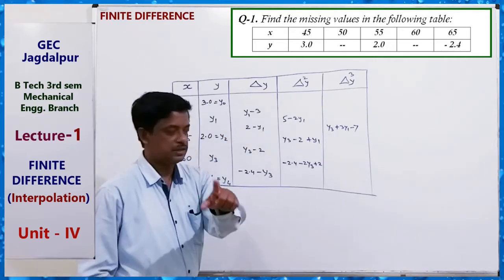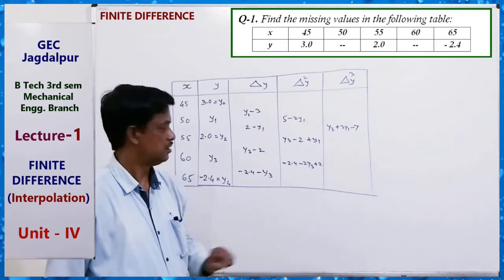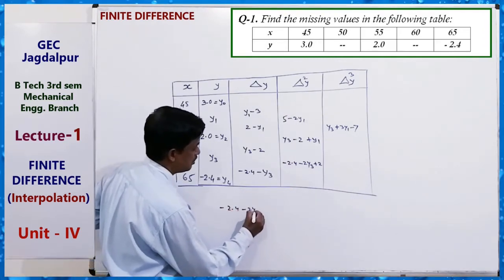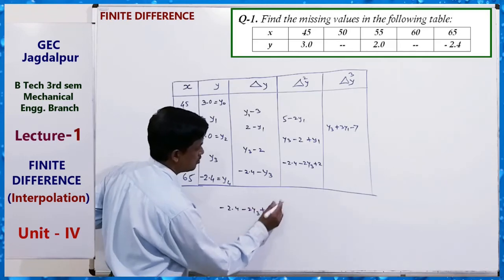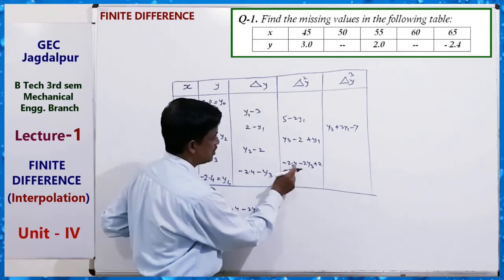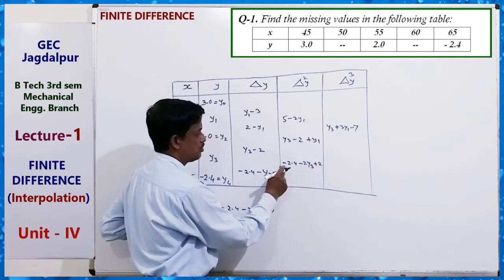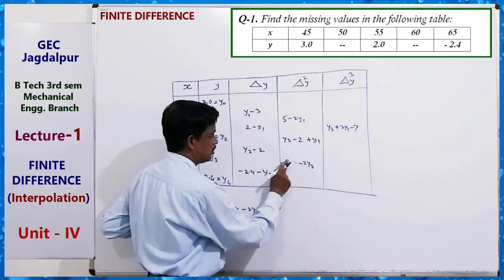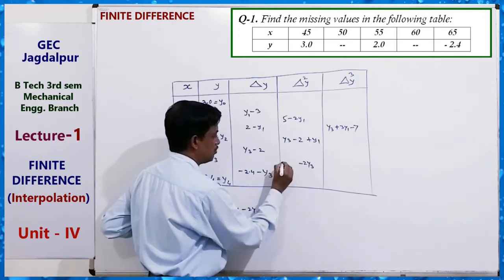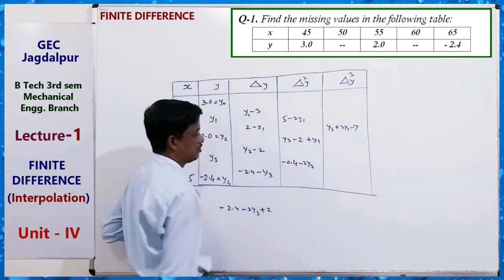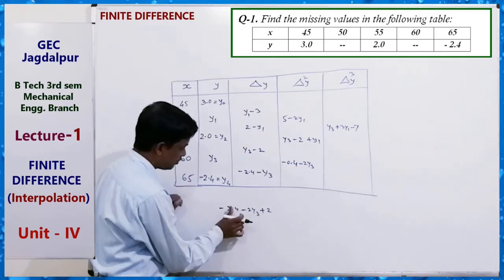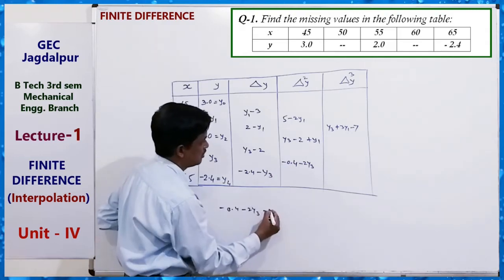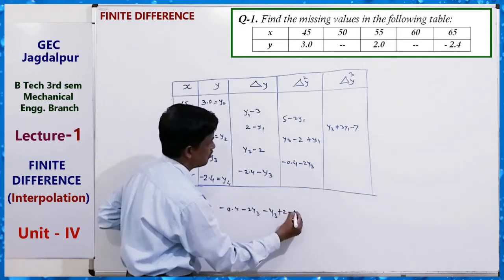Okay, where does this come from? See, this minus this equals minus 2.4 minus 2y3 plus 2, which is also 2 minus 2.4, that is minus 0.4, minus y3 plus 2 minus y1.